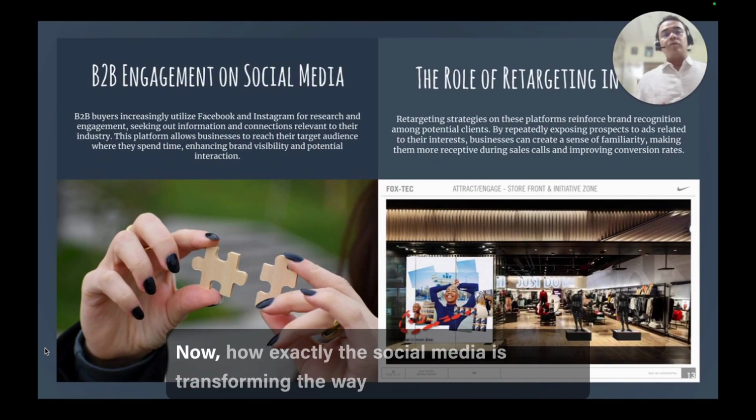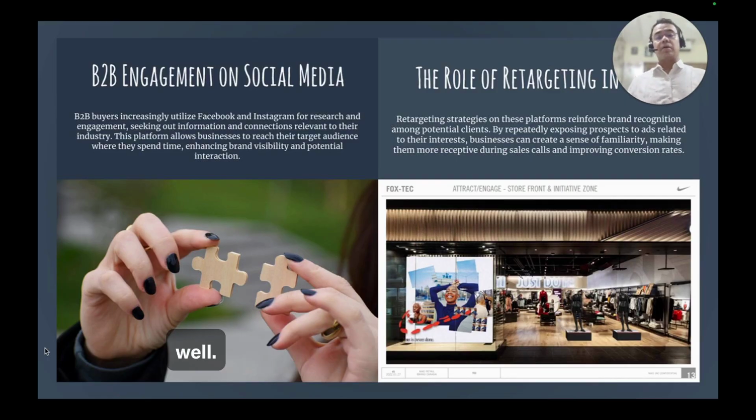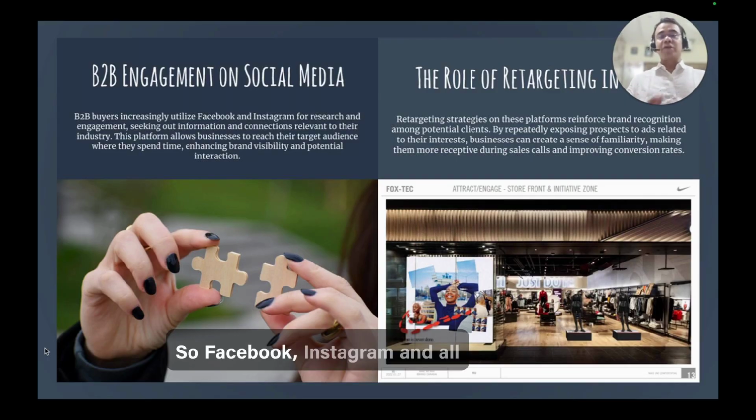Now, how exactly is social media transforming the way B2B engagement happens? It's a no-brainer that the consumers of Facebook are business consumers as well. So Facebook, Instagram and all of these apparently B2C platforms could help in garnering more and more engagement, more and more business, and profitability for B2B customers as well.